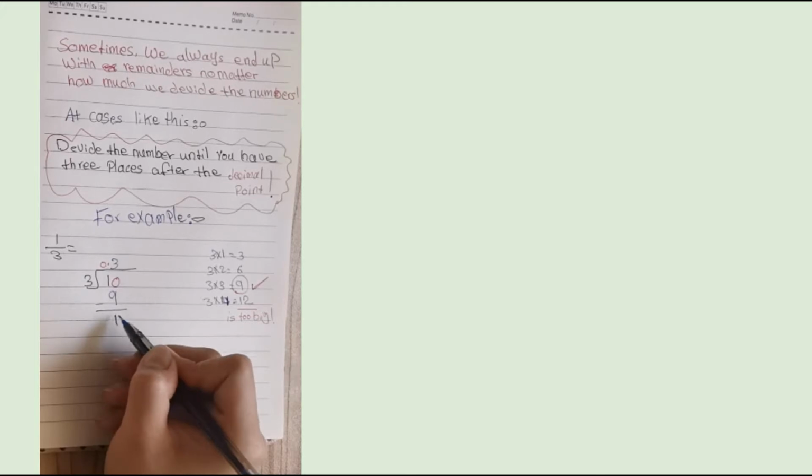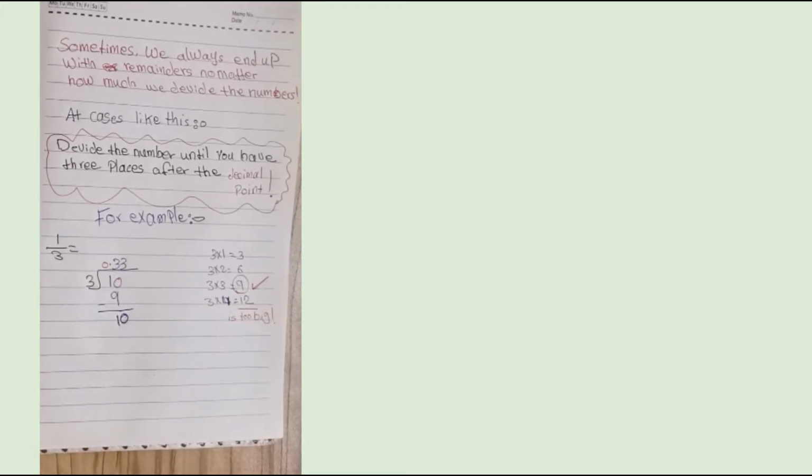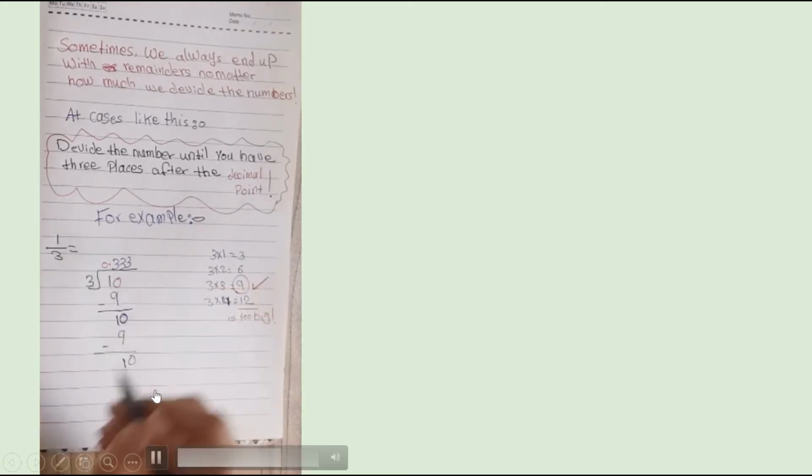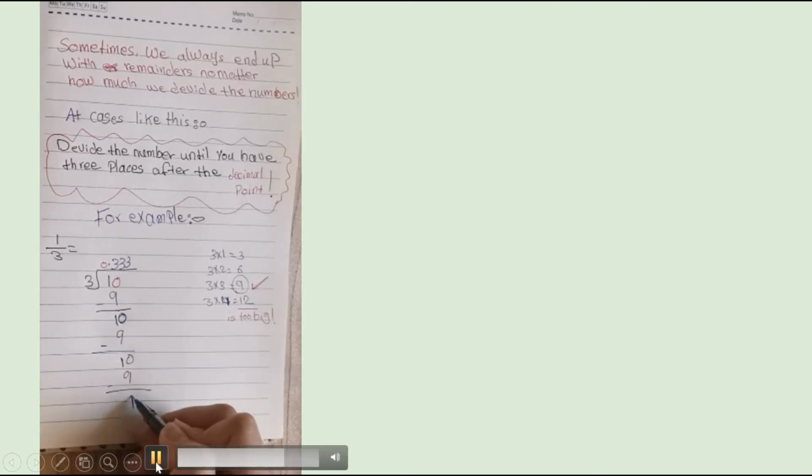3 times 3 is 9, and again, we ended up with 10. We put another 3 and 9. So as you can see, no matter what we do, we always end up with 1. So what we do is divide the number 3 times until we get 3 places after the decimal point, then just leave it like that.